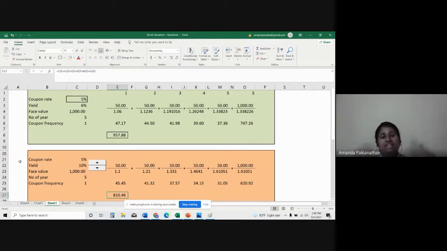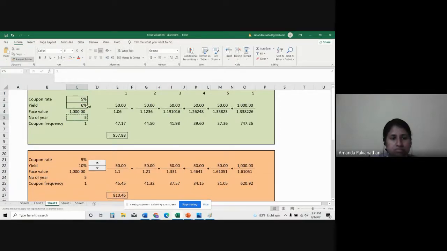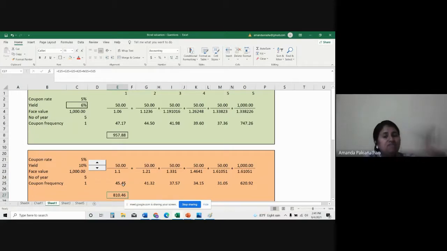Yield expected is 10% for one bond, and yield expected for the other bond is only 6%. What happens? This particular bond has a very low value compared to the other. Why is it happening like that? Here, cash inflows are the same.